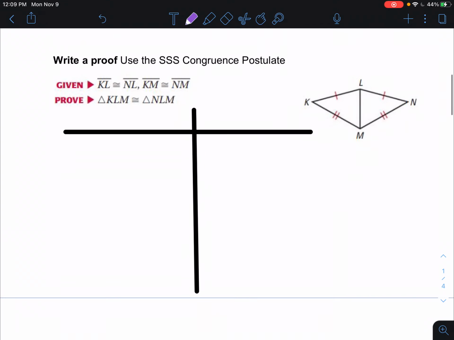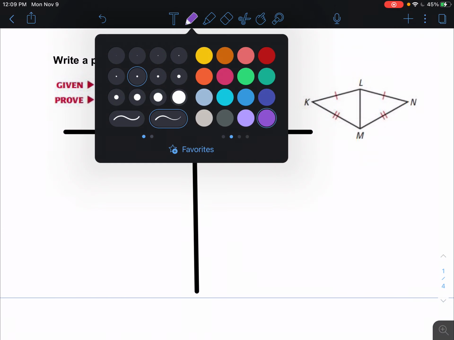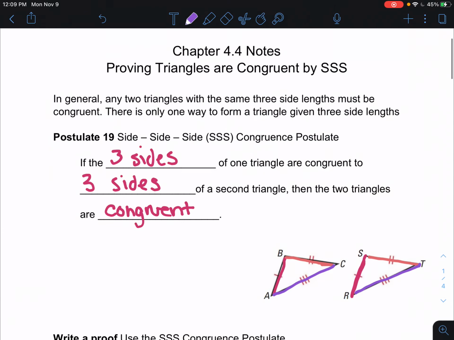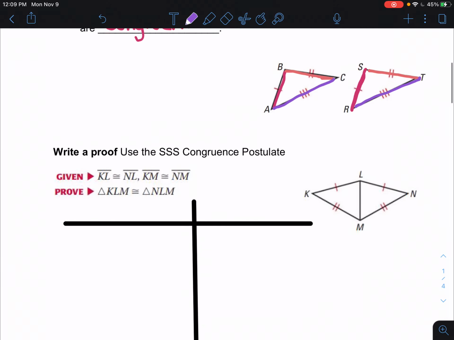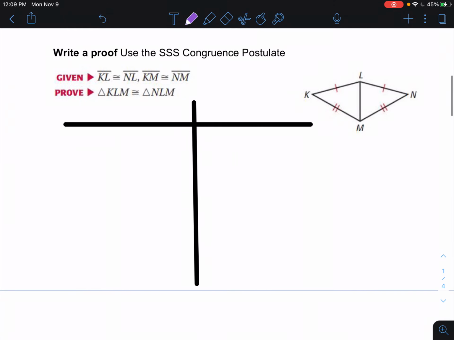All right, how can we use this postulate in a proof? I just drew a little T so that we can write out our statements and our conclusions. What do we always start our proofs with? We always start with our given.